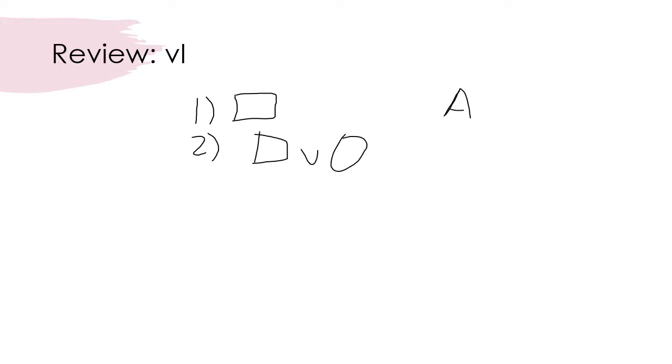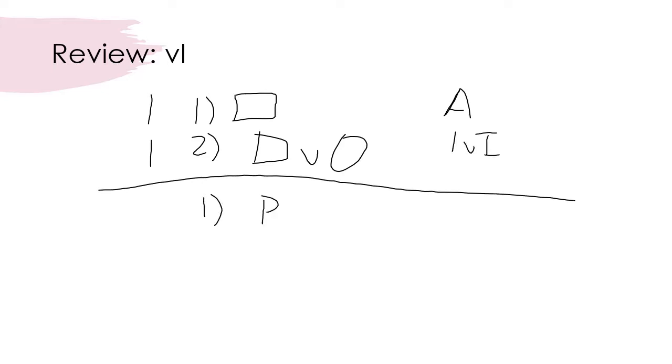Next we have our wedge in rule, and our wedge in rule is probably the easiest one. The wedge in rule just says that from anything, I can wedge in anything that I want. So say if I had P as an assumption, I could write in line 2 anything that I want.